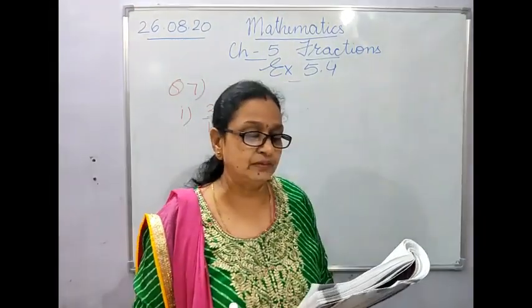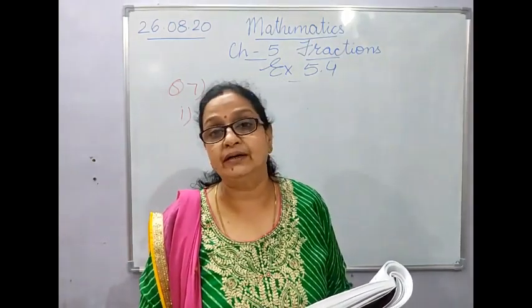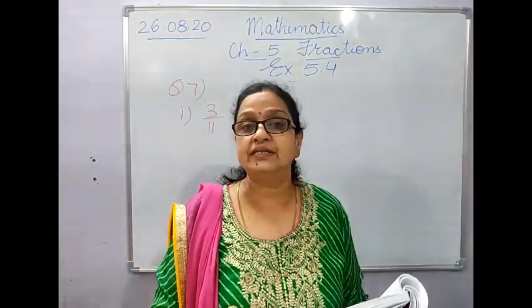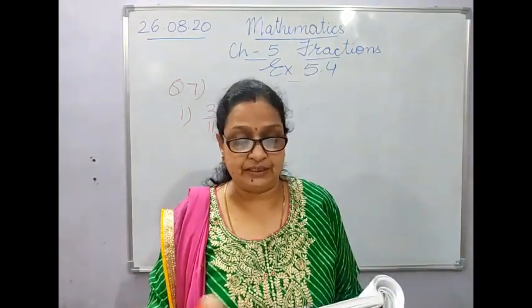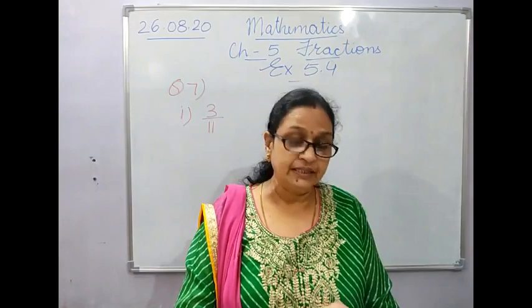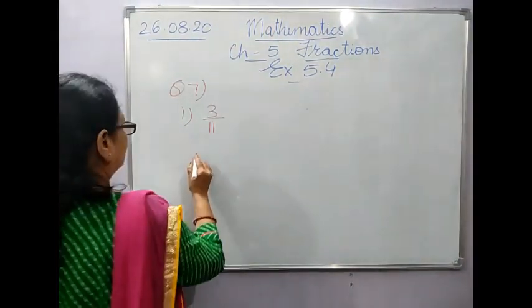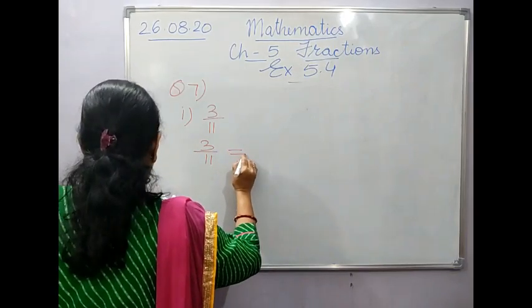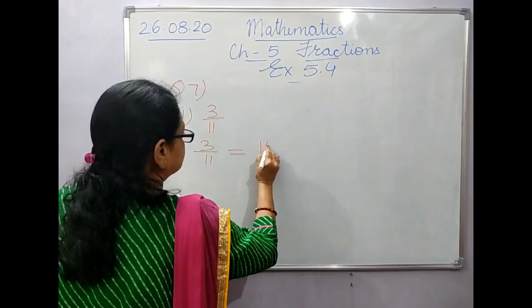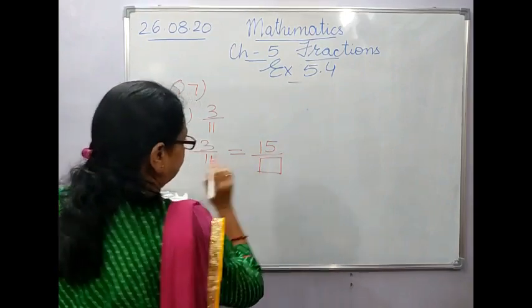In all the 3 sums, convert the fraction into equivalent fractions having numerator 15. In earlier sums, the denominator or the numerator was given. In this, it is fixed. Now you have to form the equivalent fraction: 3 upon 11, and the numerator is fixed, 15. You have to find out the denominator.